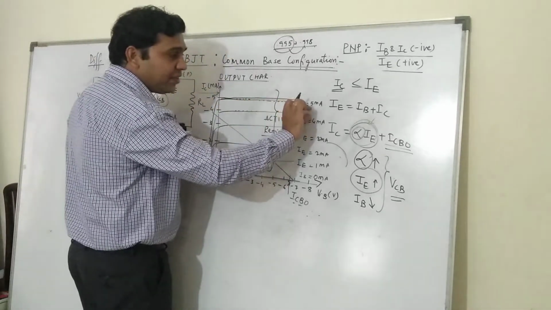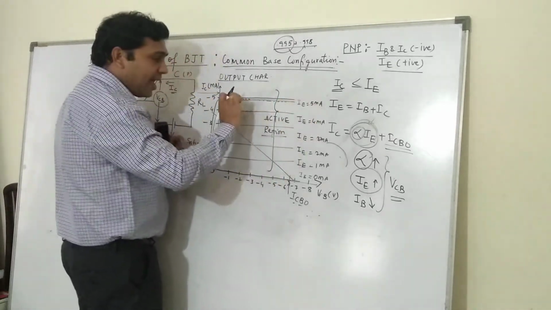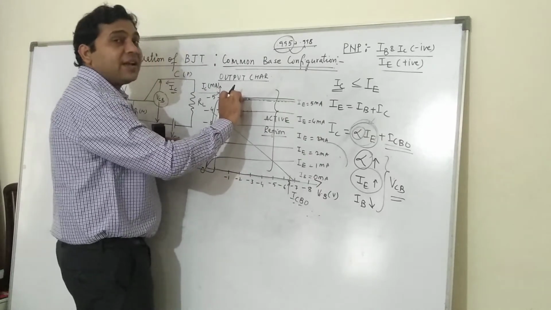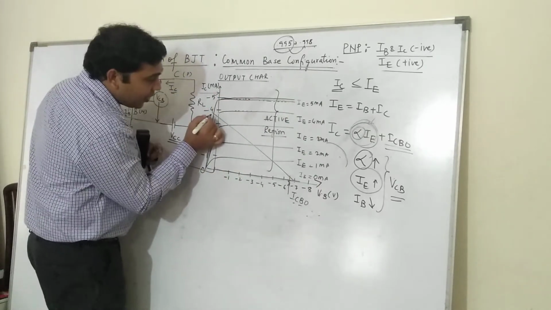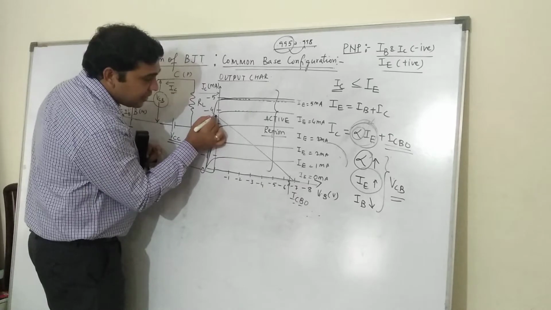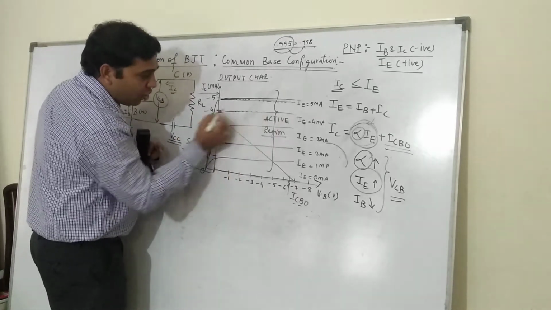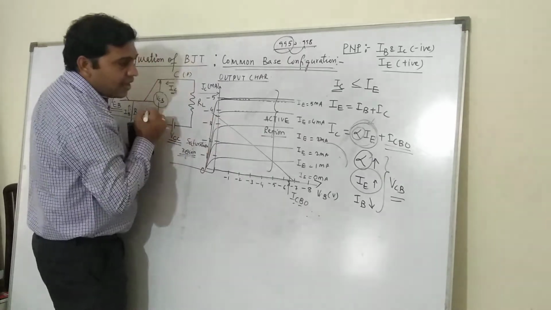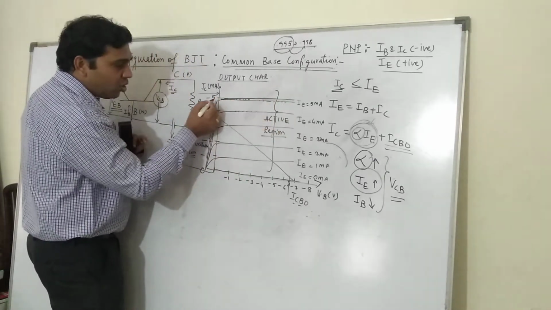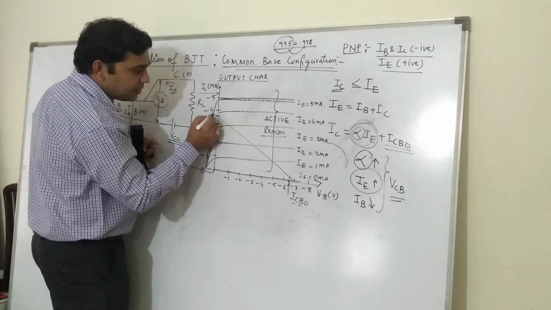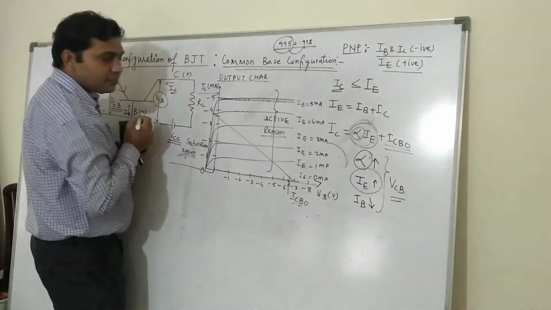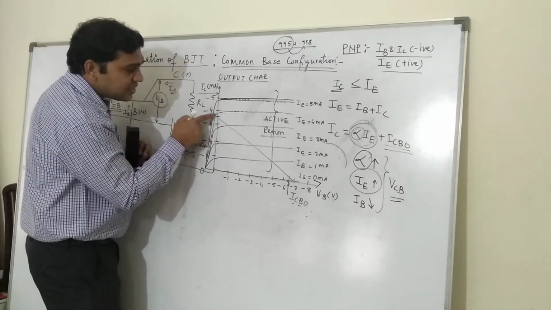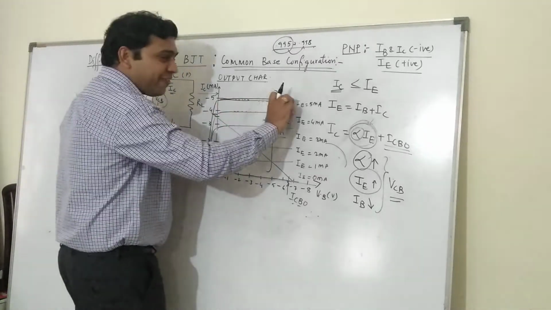Here you can see a 1 milliampere difference in IE gives a 1 milliampere difference in IC. But here, 4 milliampere of IE has this much IC, and 5 milliampere of IE has this much IC. It is almost the constant IC for two different IE.